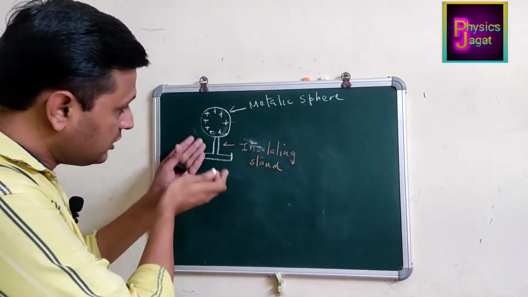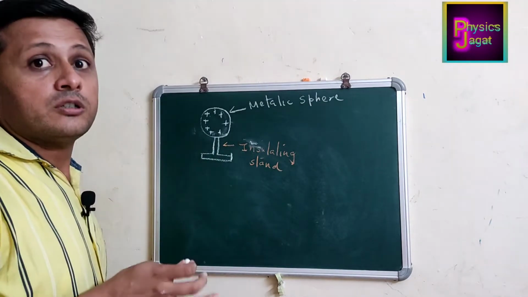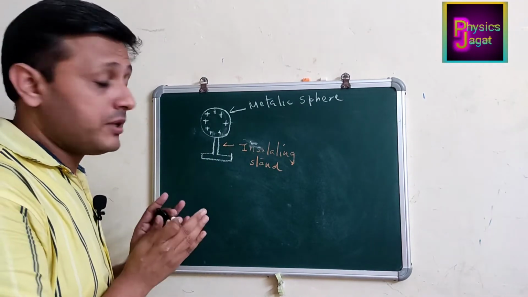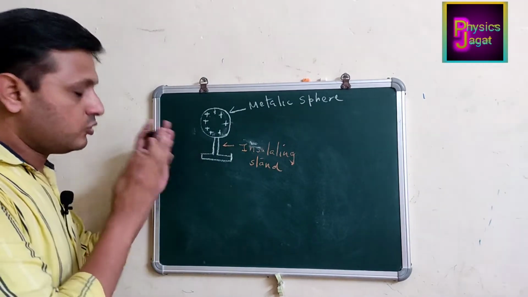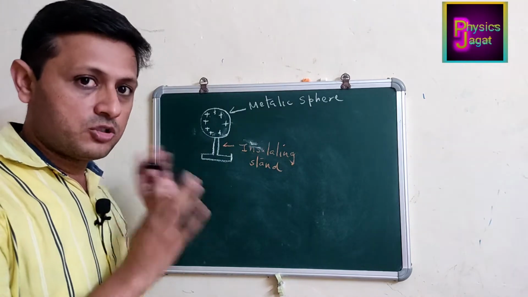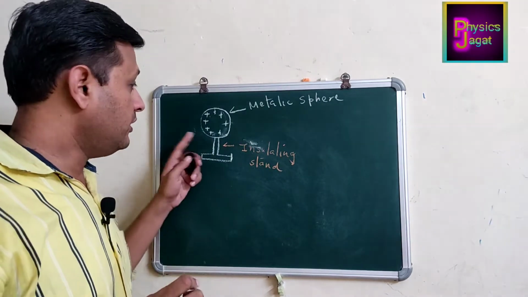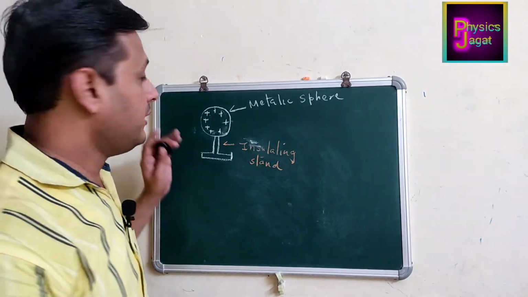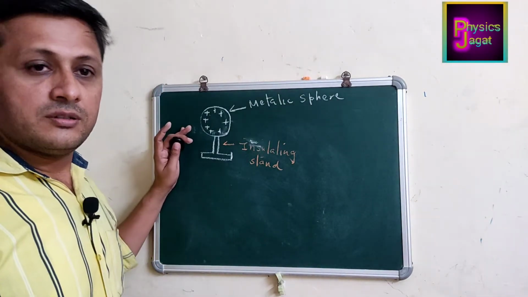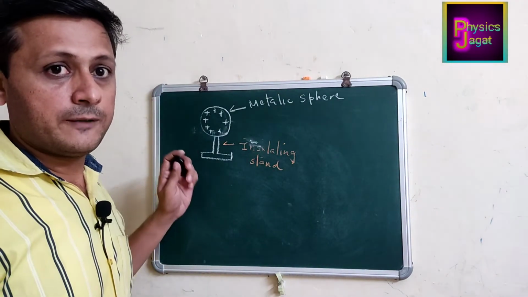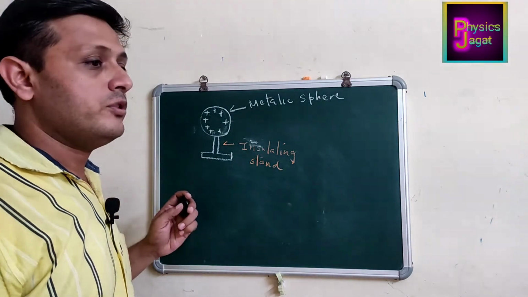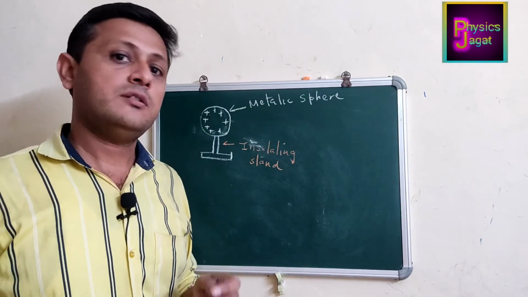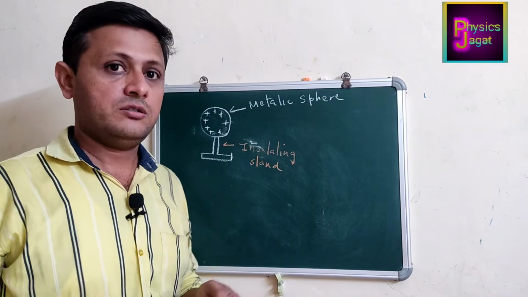The positive charge will redistribute over the entire metallic sphere, and this metallic sphere will remain positively charged until it interacts with some body. This will remain positive forever. So this is a good example of how you can charge a metallic sphere positively without touching it.